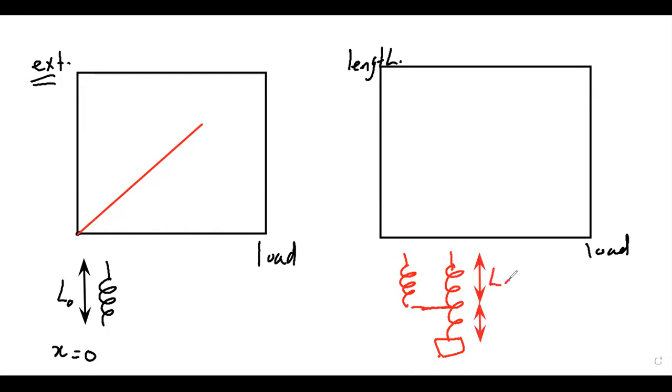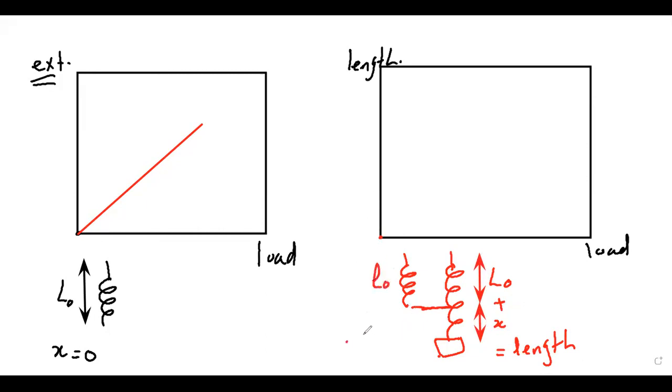This plus this equals the length. So at this point, the load is 0. When the load is 0, there is no extension. No extension means the total length is the original length of the spring.